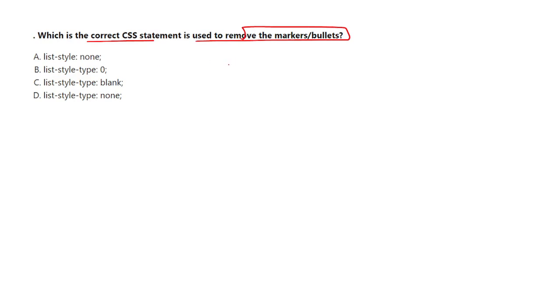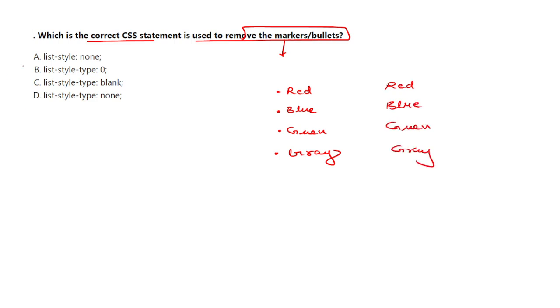Whenever we want to remove the marker or the bullets, let's say red, blue, green, etc. If you want to remove these bullets and make your list simple without any bullet, without any number, like this, what syntax should you use?